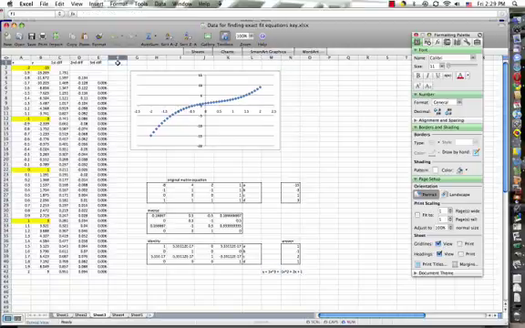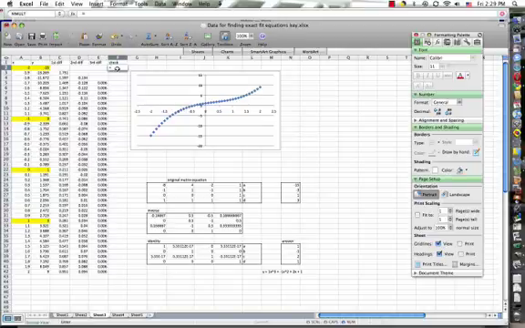One would be to come up here and make a check column, and we will put in that formula that we just got.